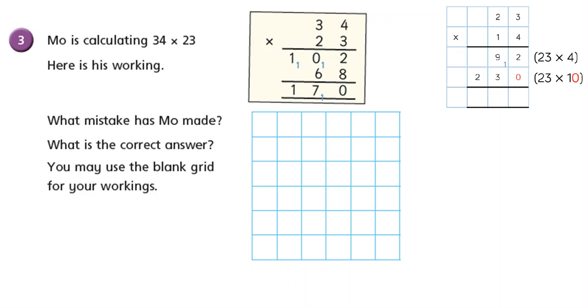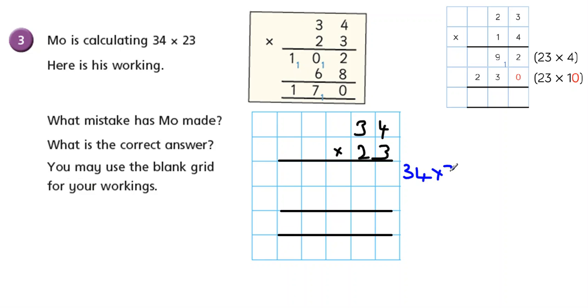Well, for me, I think before I get started, I might try having a go at this calculation. So it's 34 multiplied by 23. So I know I'm going to have to do 34 times 3.